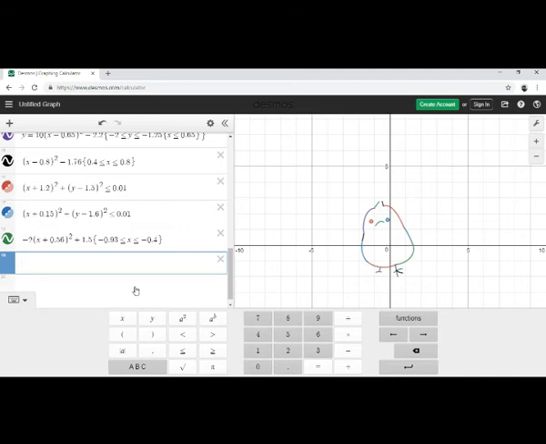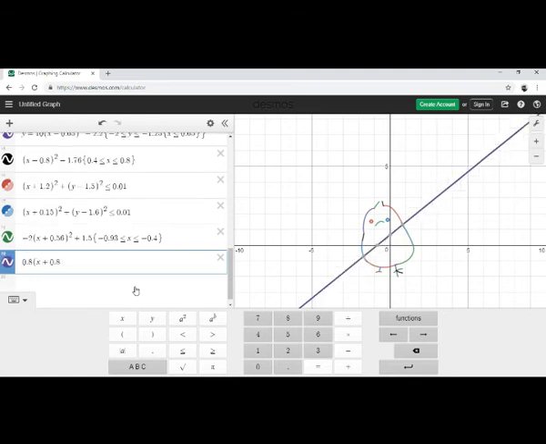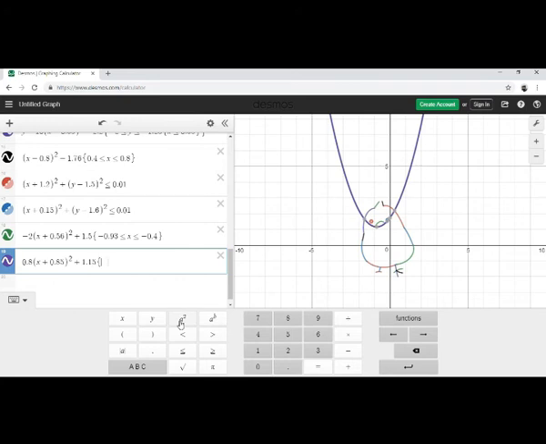Next is 0.8 times (x + 0.85)² + 1.15, and −0.85 < x < −0.4.